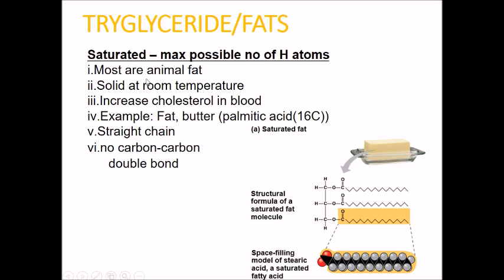Saturated fatty acids can be found mostly in animal fat, and they are solid at room temperature, and they help to increase the cholesterol content in the blood. Examples of saturated fatty acid are butter and also fat.